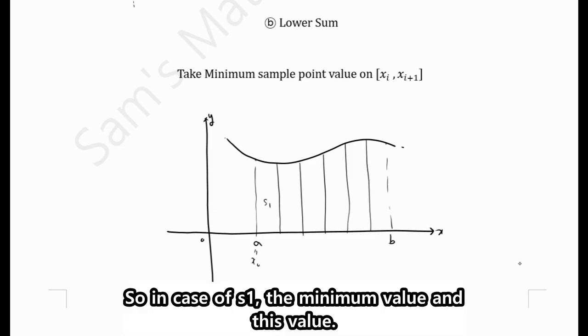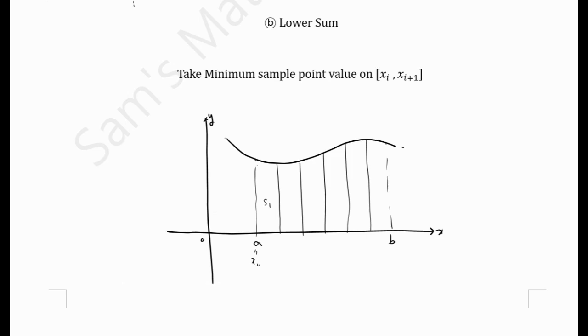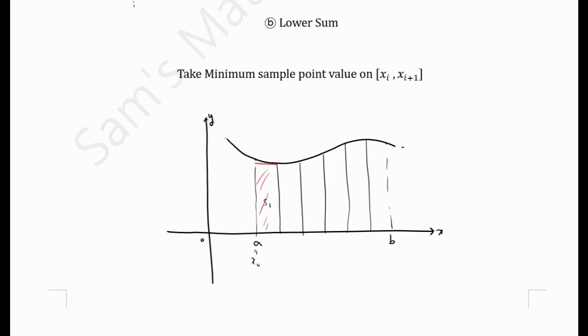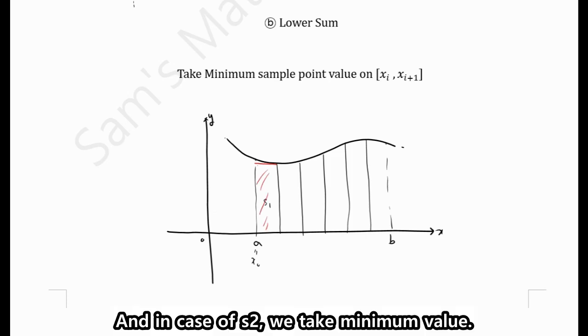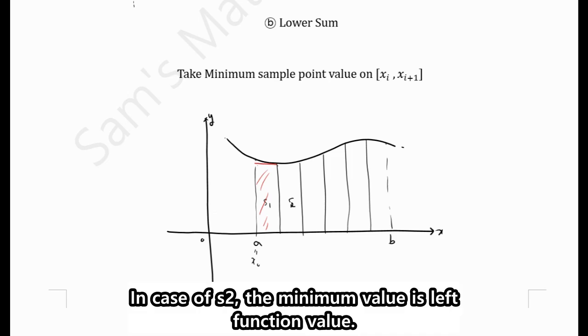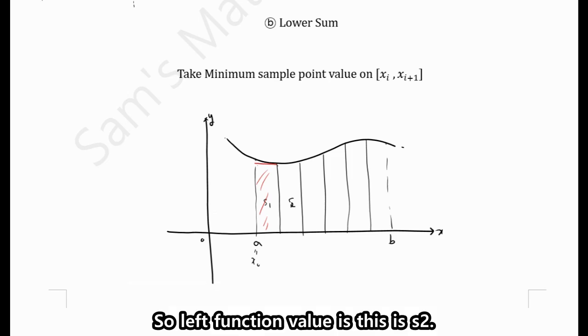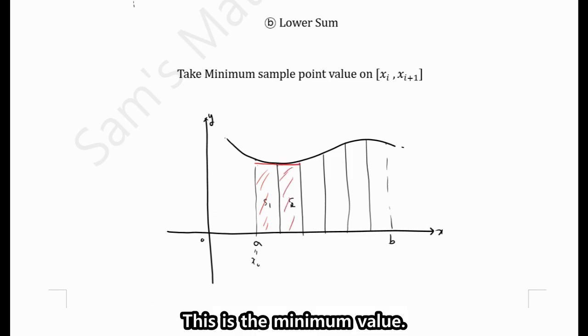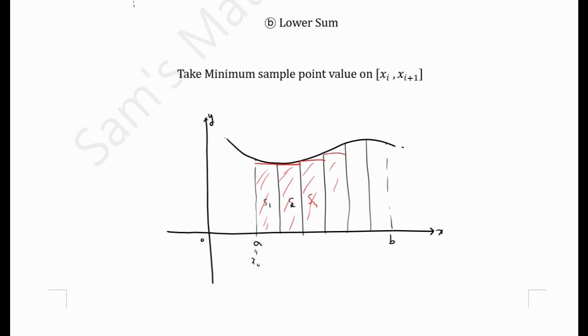So in case of s1, we take the minimum value, and the minimum value is the right function value. In case of s2, the minimum value is the left function value. So this is the minimum value. This is s3. This is s4.